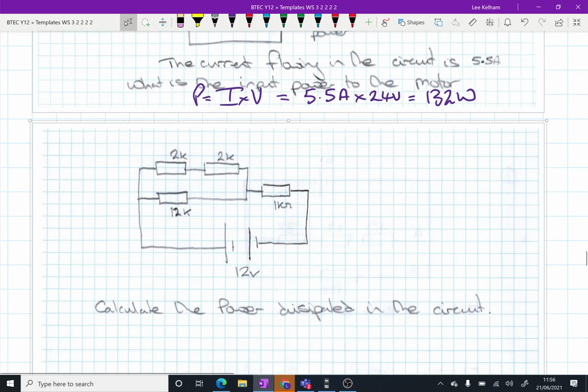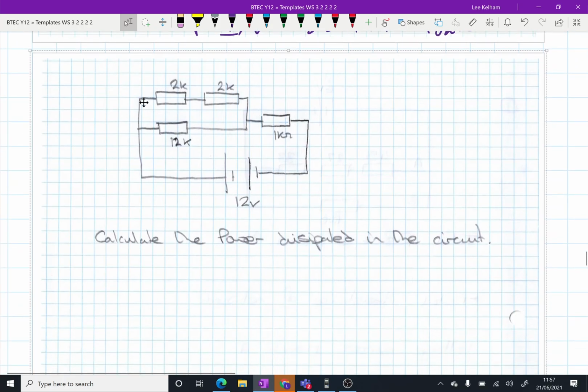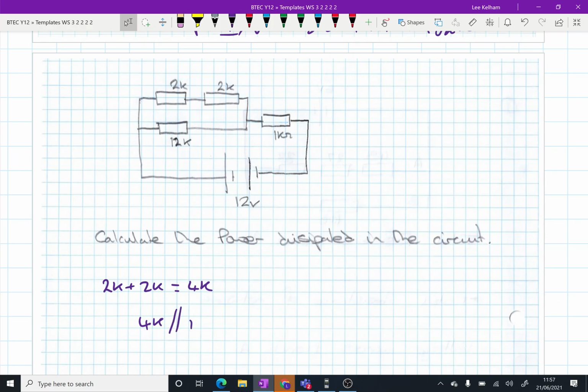Okay, and then the last question we've got on these is, without any scaffolding, we just want to know what the power dissipated in the circuit is. So we need to do some simplification. The first simplification we need to work out is that 2k plus 2k is 4k. So then we've got a 4k in parallel with a 12k. So our parallel network, 1 over 4k plus 1 over 12k equals 3k.